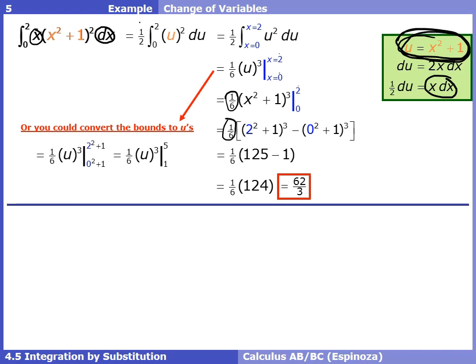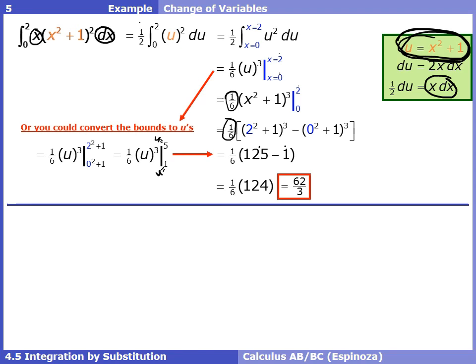And since these are both u's, I never put it here, but that's a u right there, and that's a u value right there, now we can go ahead and plug in using the fundamental theorem of calculus. If you plug the upper bound in of 5, you'll get 5 cubed, which is 125. If you plug in the lower bound and cube it, that would be 1 cubed, which is 1. So we still get to the same result. A little bit different path, but we still get to the same result.